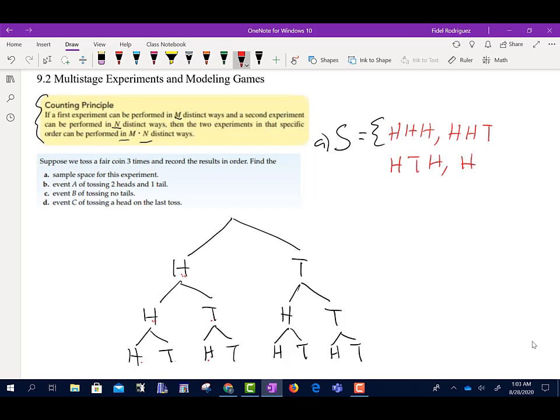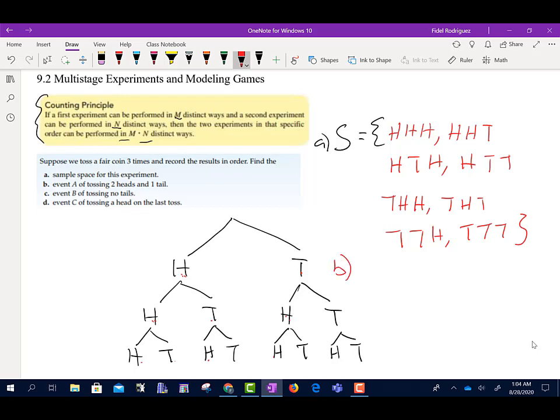Or we can get heads, tails, and tails. Okay. Or we could get tails, heads, and heads. And I'm just going through all the possibilities here, right? Tails, heads, and tails. Or tails, tails, and heads, or tails, tails, and tails, right? Okay, so there's part A.